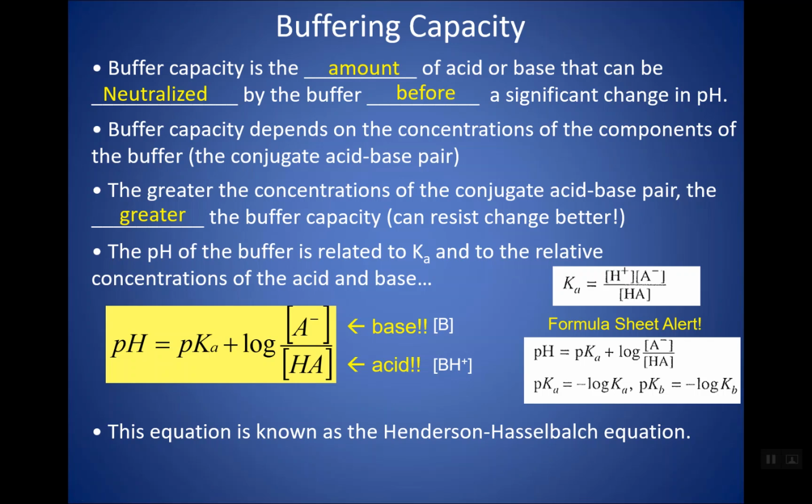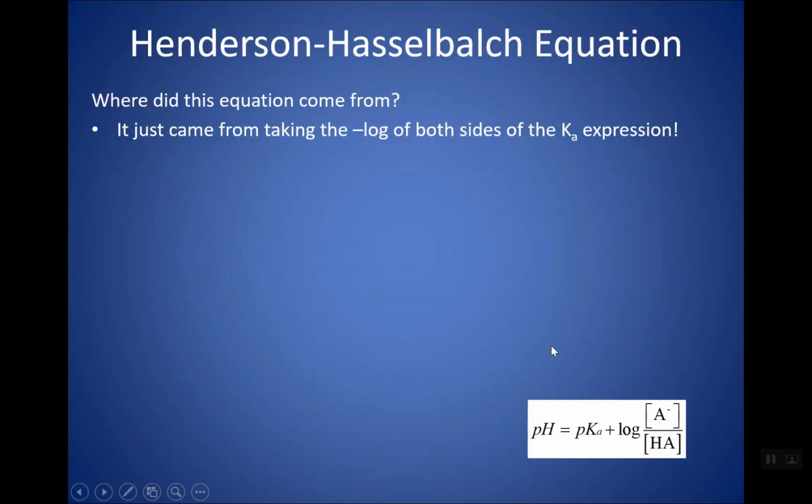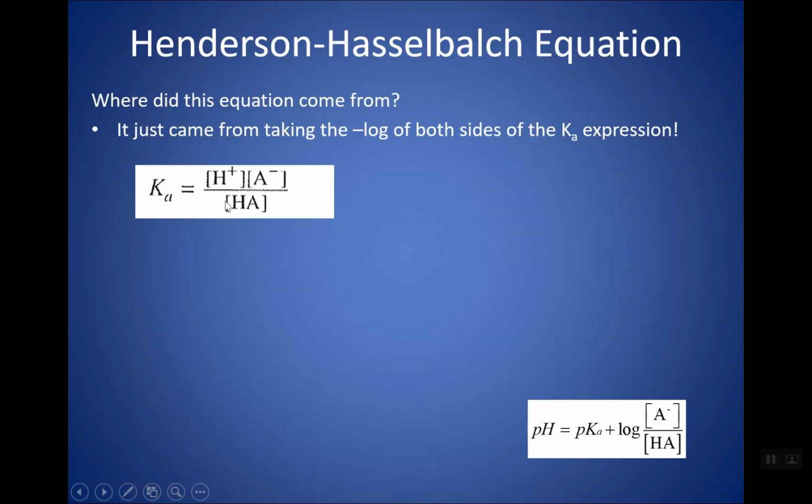This equation is actually derived from the Ka expression. So just showing you that, if I took that Ka, which is also on your formula sheet we were using for those weak acid problems, and I would take the negative log of both sides, because you know negative log means we're going to incorporate some P stuff. And remember that I can separate negative logs, or I can separate a log inside. If I have multiplication, I can make that addition.